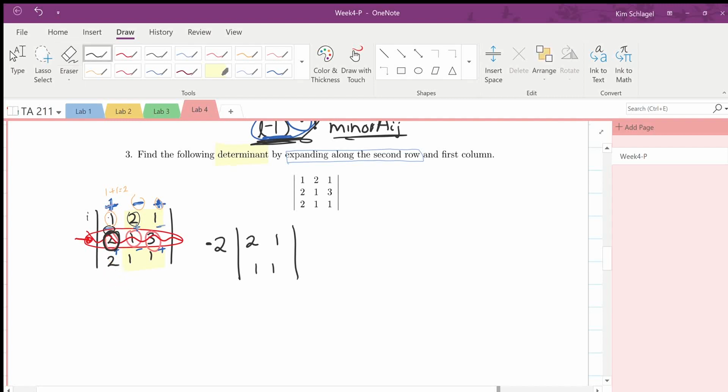So let's see if I can erase this without erasing everything. Yes, I can. Okay. So similarly, we want to move to our next position because we're expanding along this row, which is a 1.